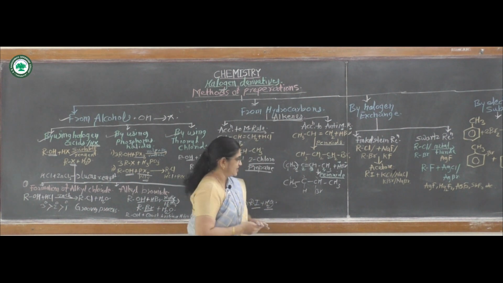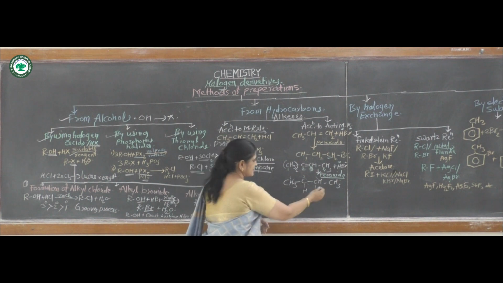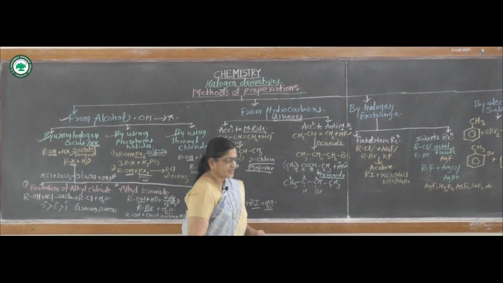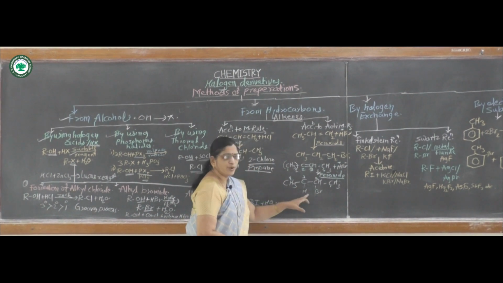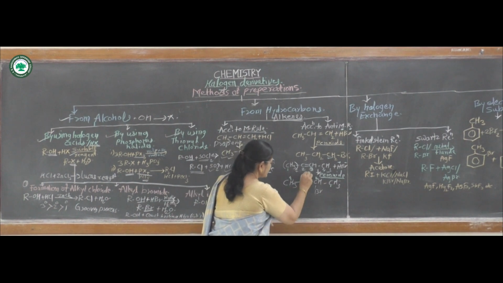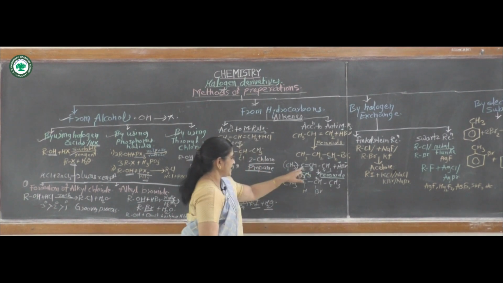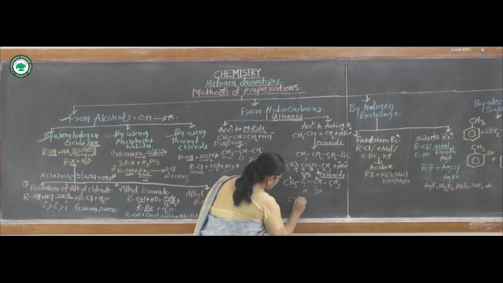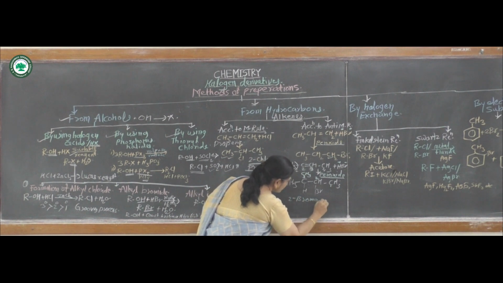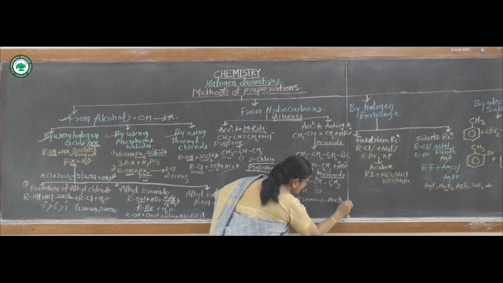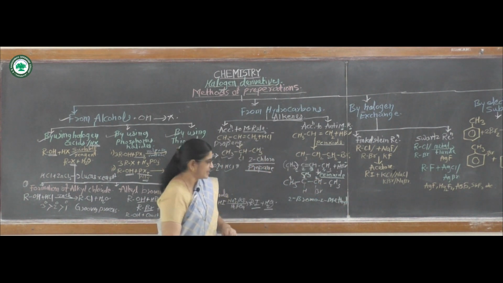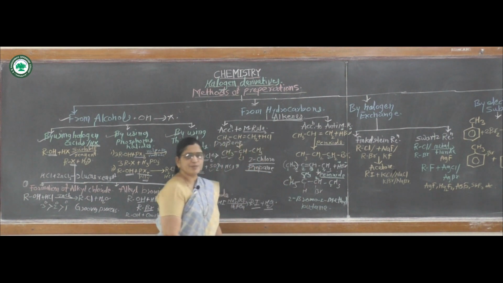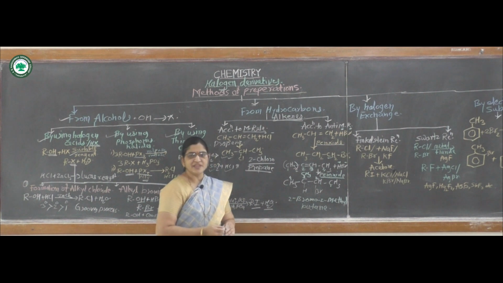And the name of this compound becomes, numbering from the right hand side, first, second, third and fourth, 2-bromo. On this carbon atom there are 2 CH3 groups, hence the name becomes 2-bromo-2-methyl, and it contains 4 carbon atoms in straight chain, hence it is a derivative of which alkane? That is butane. Hence the name of this compound is 2-bromo-2-methylbutane.